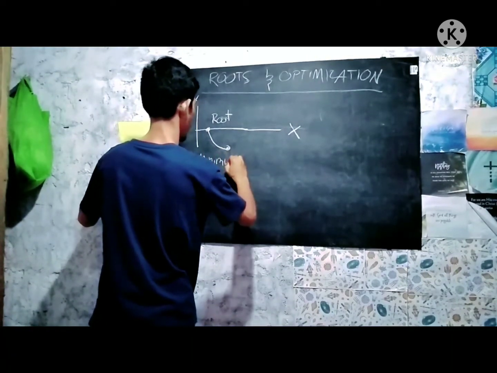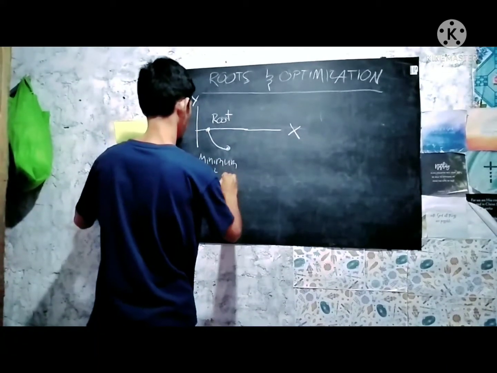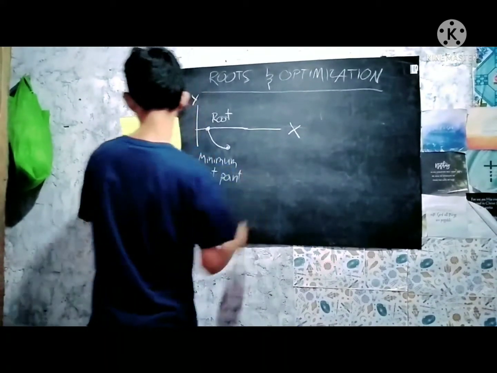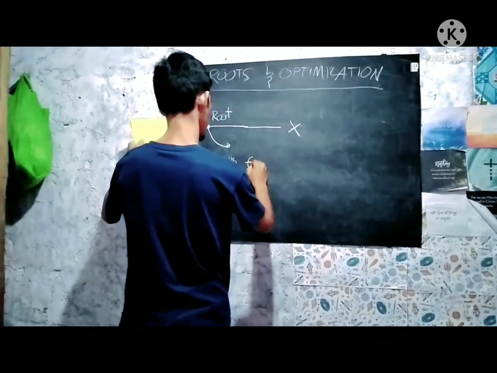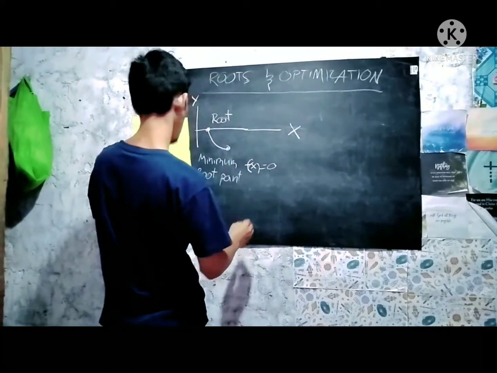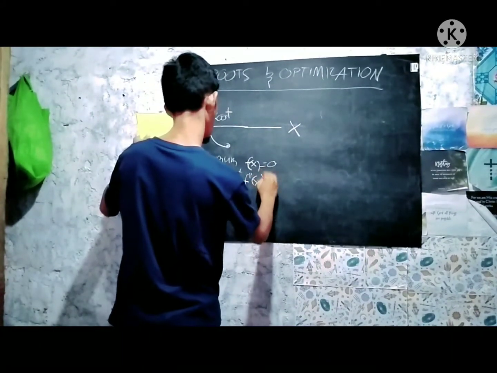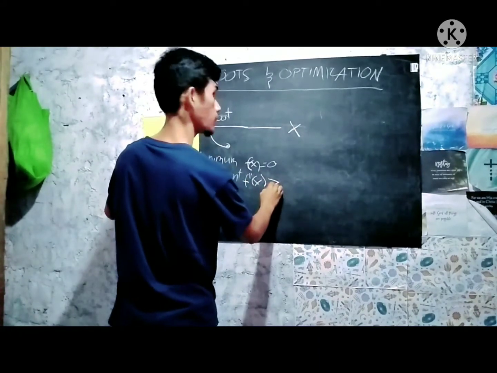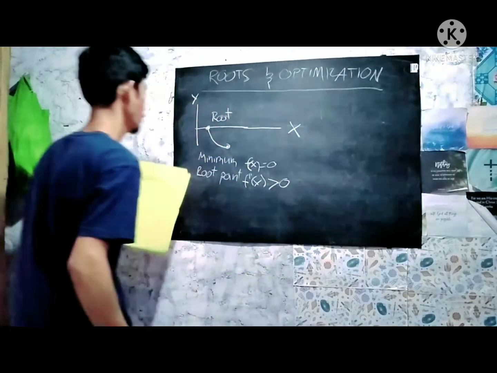Minimum root point, where f prime of x is equal to 0 and f double prime of x is less than 0.